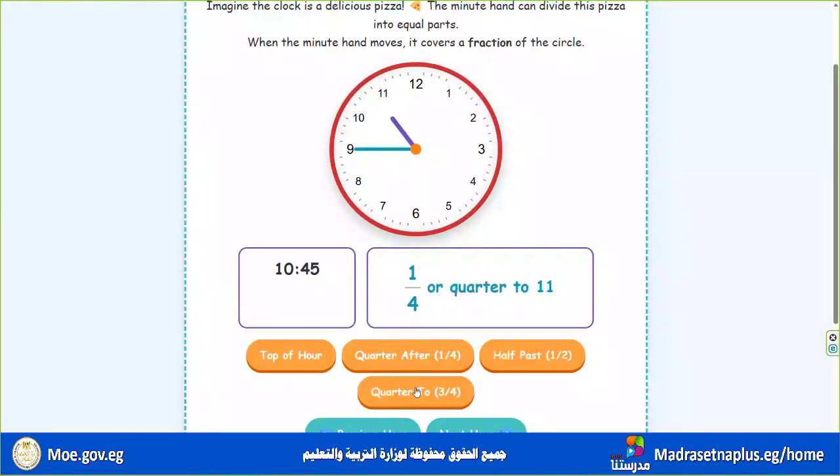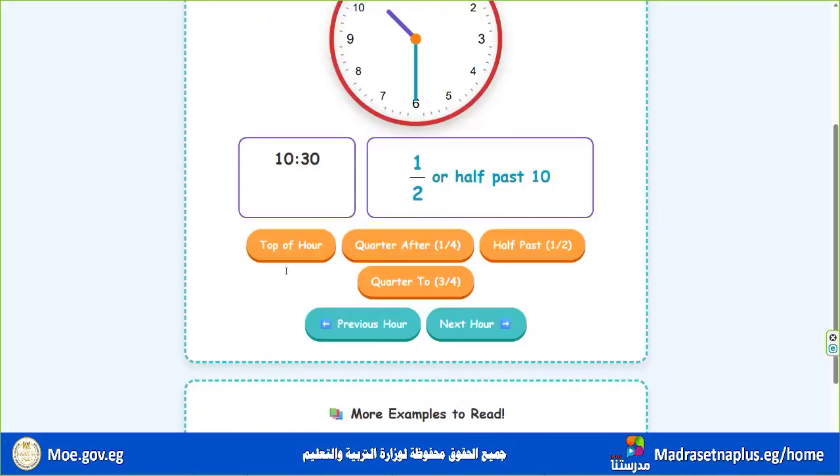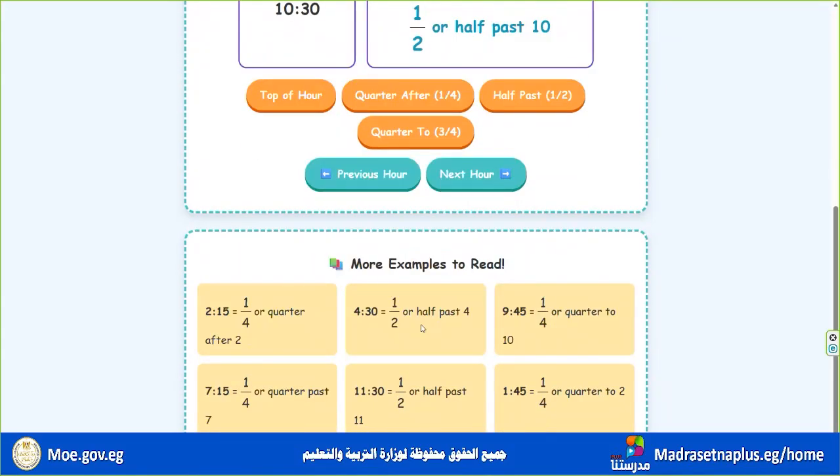After or past means your minutes are 15. While quarter to means your minutes are 45. You should differentiate between after and to for quarter. Half is the same, it's easy. The minutes are 30: 10:30, 1:30, 4:30, 11:30, 12:30, and so on.